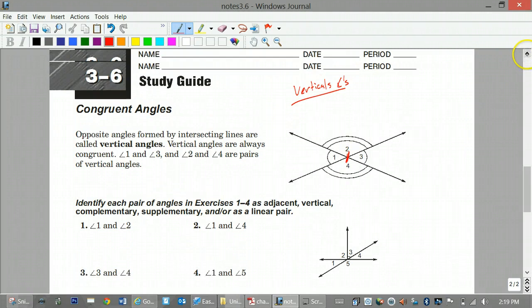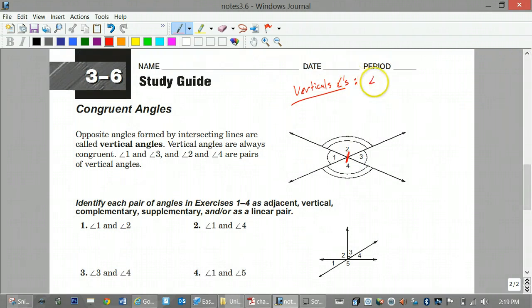Most specifically, the definition of vertical angles is angles that are opposite each other and form two lines.